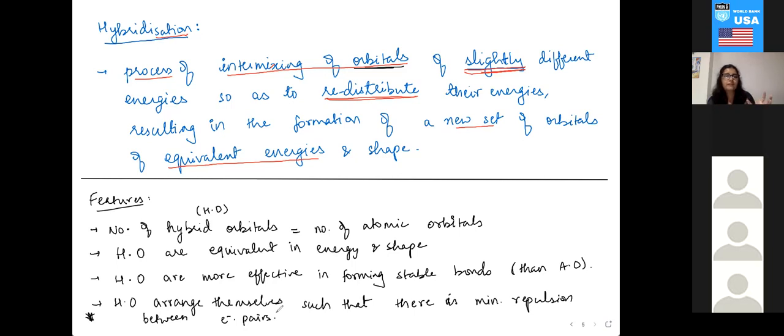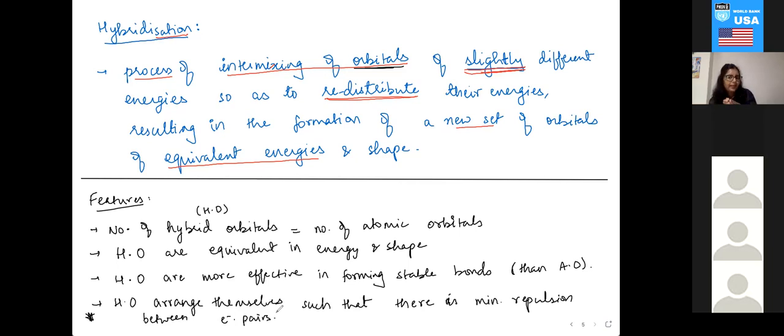Even if you have different atomic orbitals, like S and P forming the hybrid, after hybridization is done, they all have equal energies and the same shape. Atomic orbitals may have different energies and shapes, like the S orbital is spherical and the P orbital is dumbbell shaped. But once you've blended them together and created the hybrid orbitals, they all have the same energy and same shape.